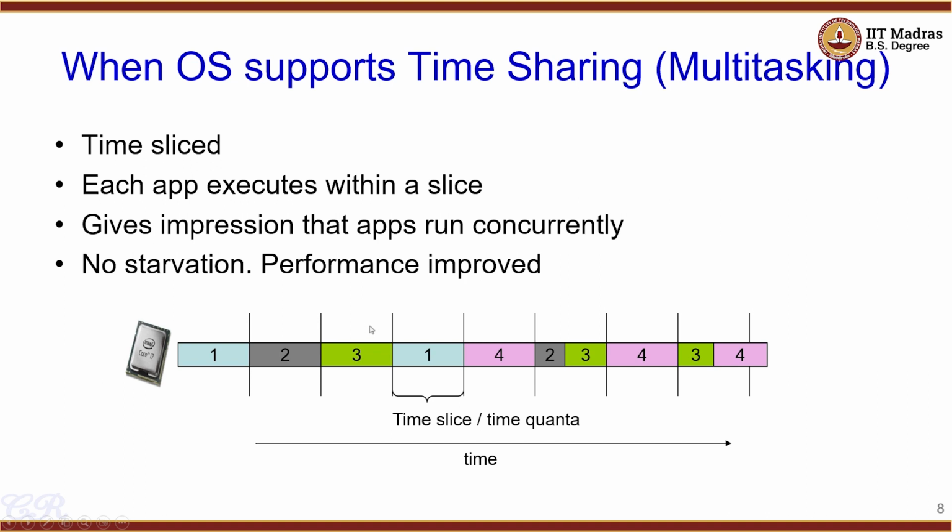Another very important aspect of multitasking is that from a user's perspective, since each of these time slices is just a few milliseconds or microseconds, it feels like you have multiple applications running in parallel. And this is what you essentially observe when you're using, let's say, your desktop or your laptop.